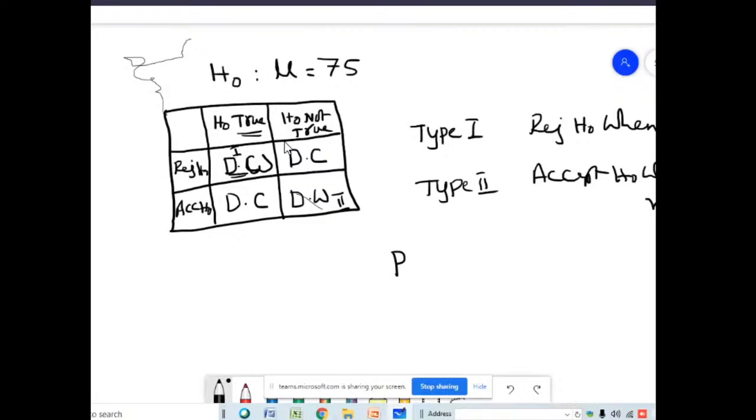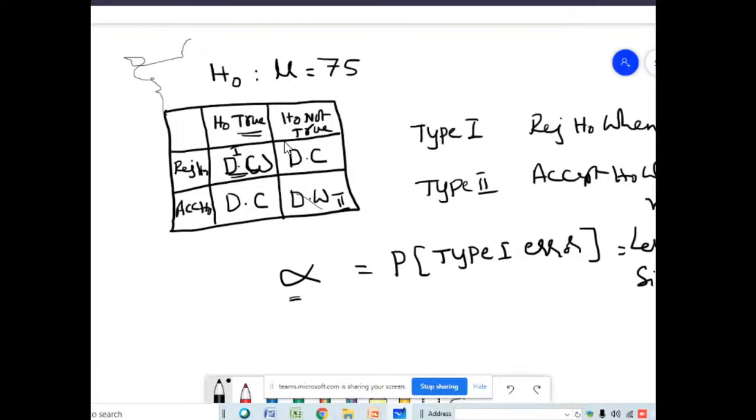The probability, the chance, of occurring the type 1 error is generally called the level of significance. The level of significance is indicated with alpha. And most generally we are going to use the p-value, which is what you are examining.